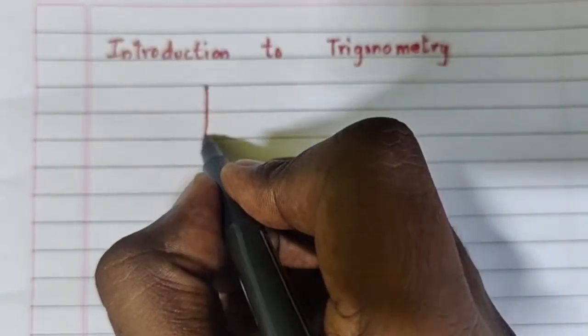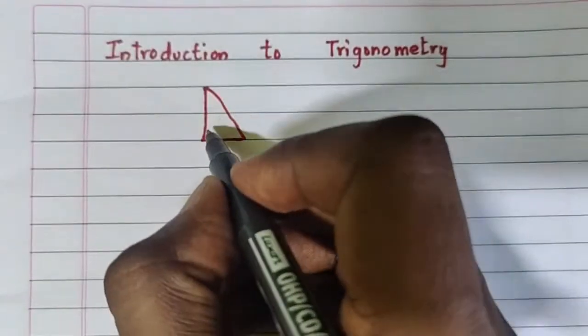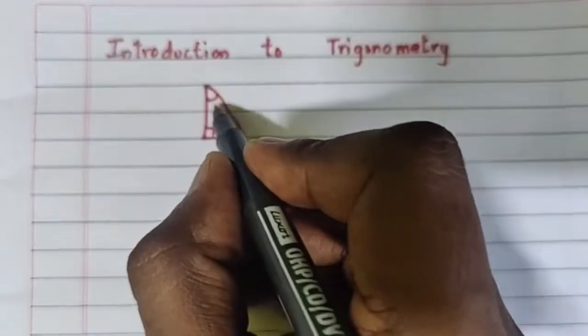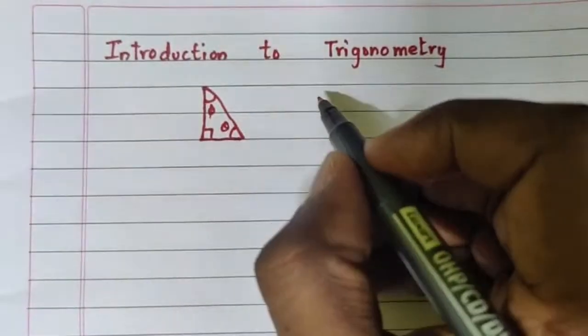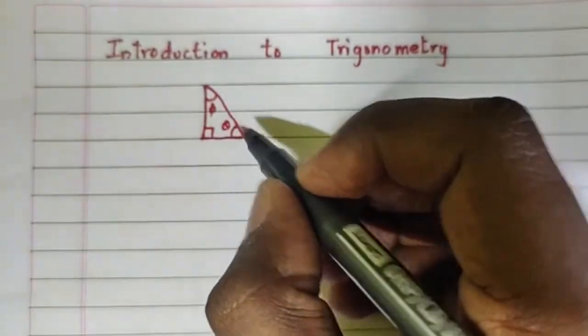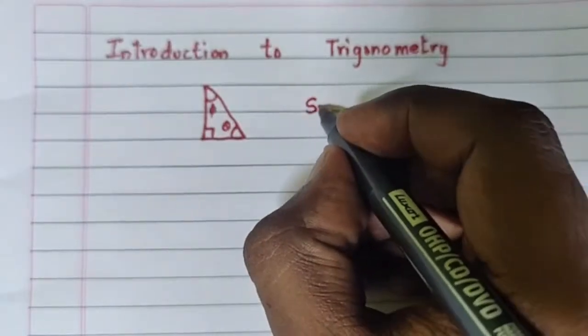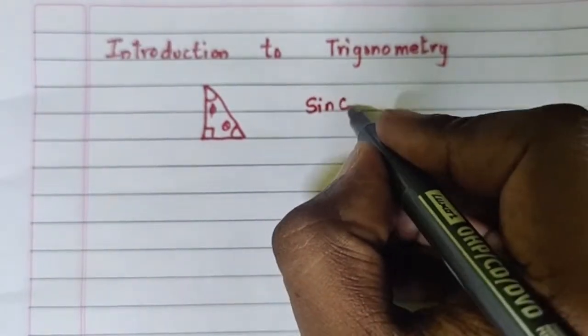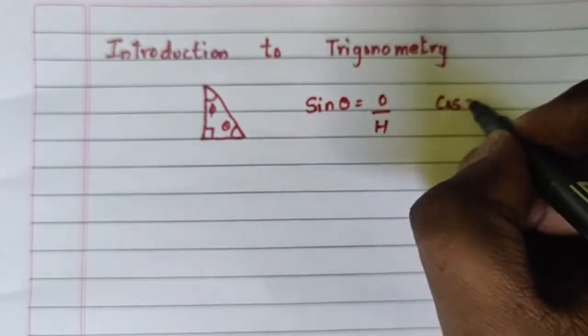So in the examination, a right angle triangle will be given with theta and alpha. You should find out with respect to this angle. You'll be finding out the trigonometric ratios. That is, sine theta is what? Opposite by hypotenuse. What is cos theta?